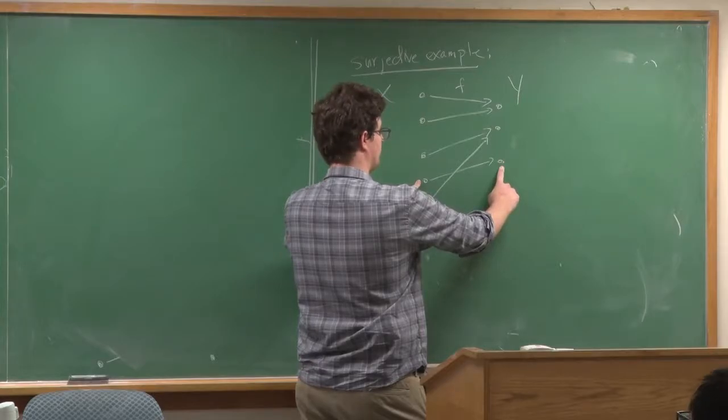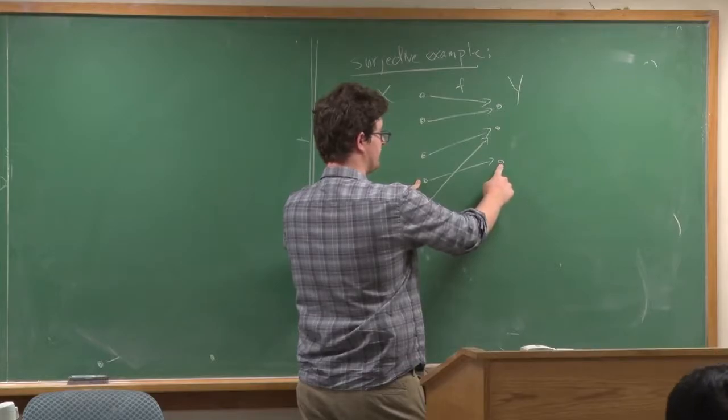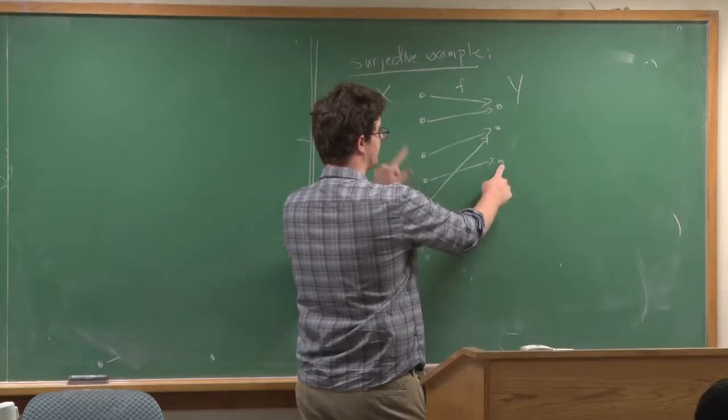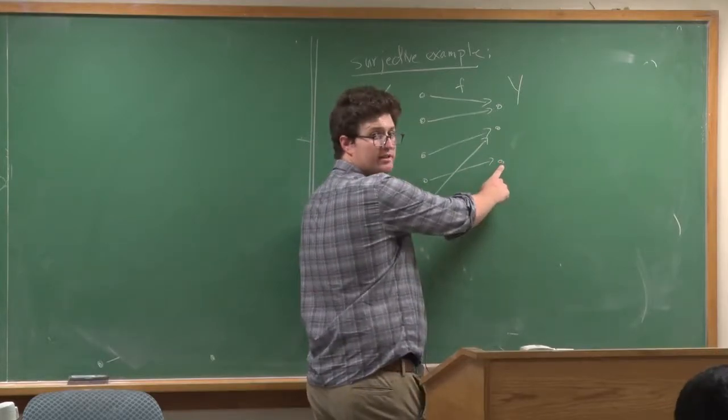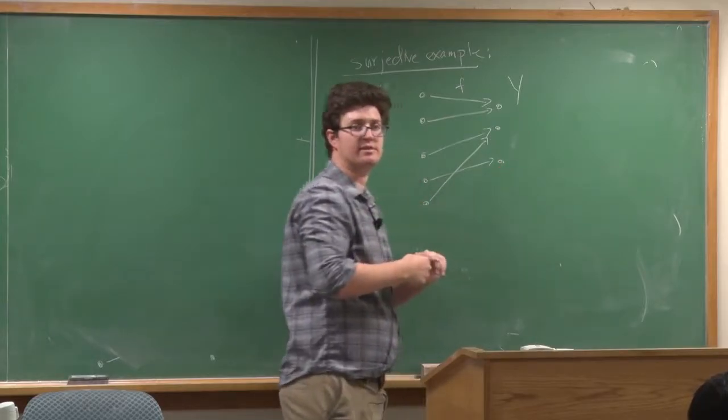So they are not hit. It's hit. This thing is still hit. So for every y, there exists an x. Oh, I missed it. It says for every y, there exists an x. That's what it's saying.